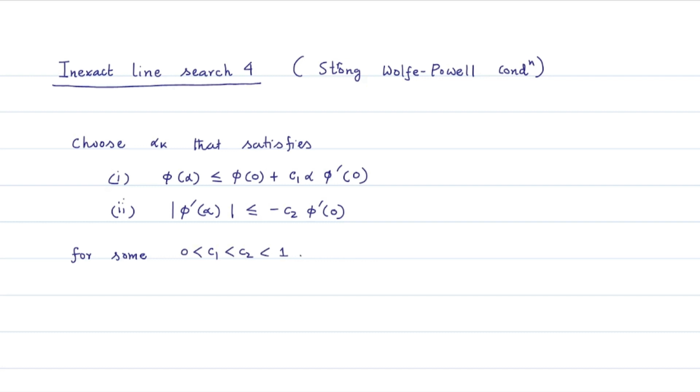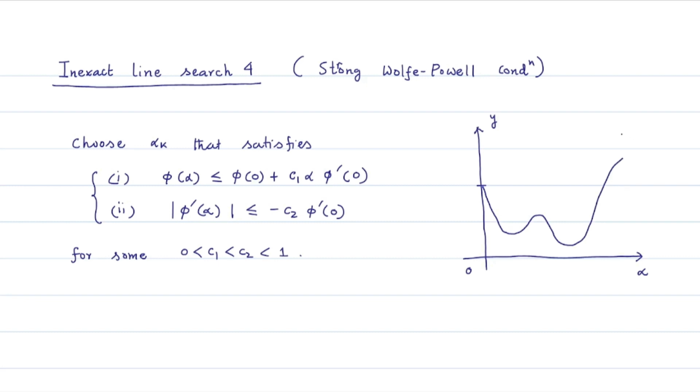Let us now try to figure out the set of alpha values which satisfy both of these two conditions in a hypothetical graph of y equals phi alpha. Let's suppose the graph of y equals phi alpha is of this type. Here is the line y equals phi 0.